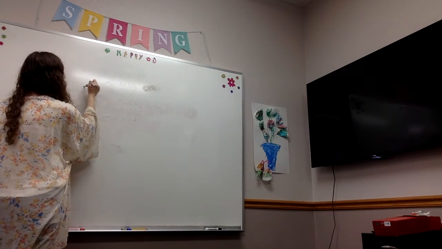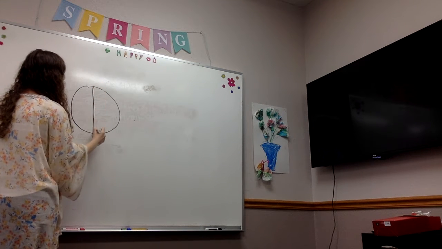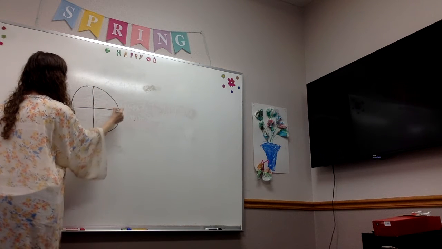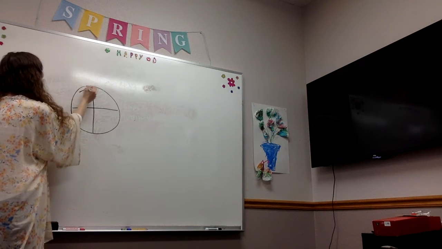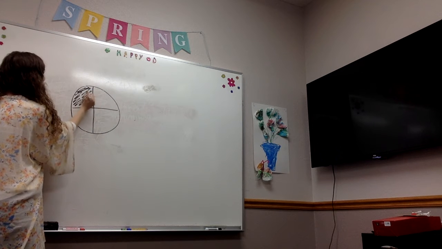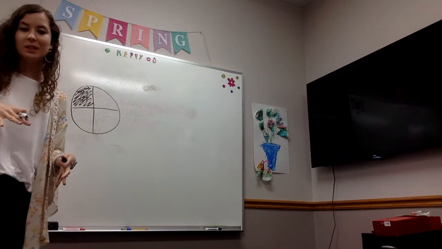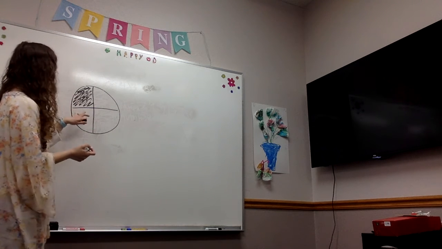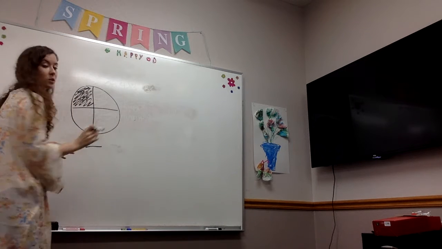Alright, let's say I have another pizza. But this time, I've split it into fourths. But I've eaten part of it. And I want to know how much I've eaten of my pizza. So we know that our denominator is going to be how many equal pieces we have.